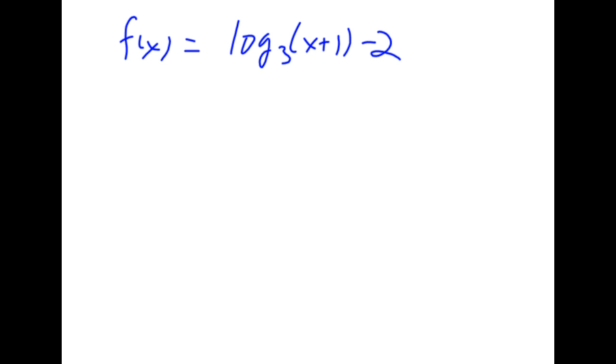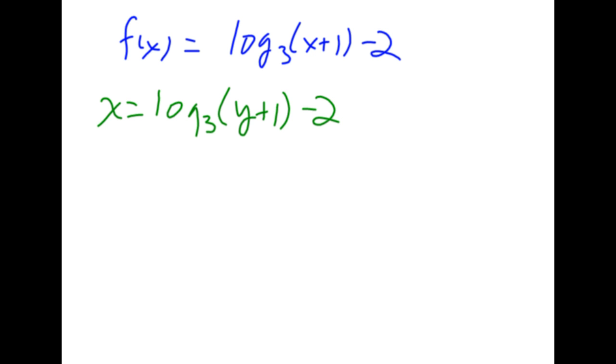So let's do one more time. Suppose I've got f of x equals log base 3 of x plus 1 minus 2, and I want to find its inverse. I know that I need to switch the letter x and y. So I get x equals log base 3 of y plus 1 minus 2. I now have to isolate the y, so I need to go into exponential form. The first thing I need to do is get the log expression alone so that I can rewrite it in exponential form.